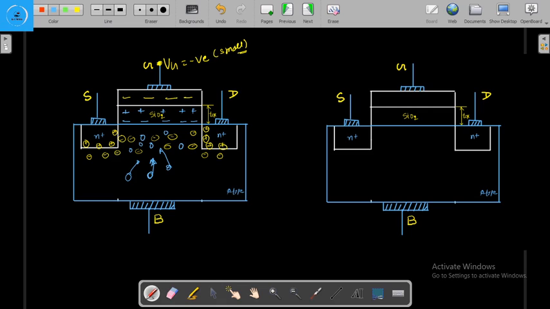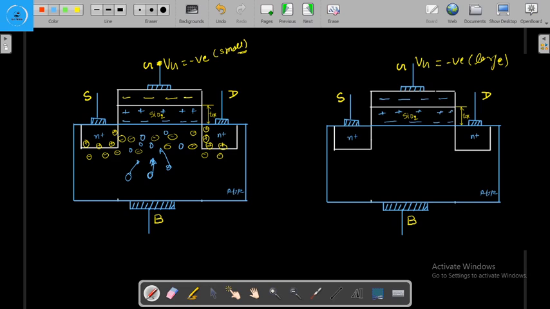And right now what we are doing, we are decreasing the gate voltage again, applying the gate voltage negative by a very large amount. So this negative voltage will come here, this will be positive and this will be negative.